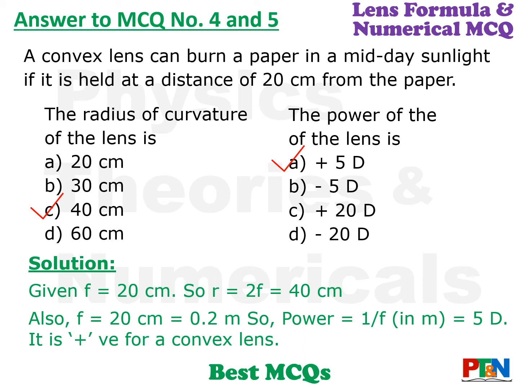That means the distance from the paper to the lens is the focal distance. So focus is 20 centimeter. So radius of curvature will be 40 centimeter. And power is 1 by f in meter, that is 1 by 0.2, that is 5D, and it's a convex lens, so positive, so plus 5D is the power of the lens.